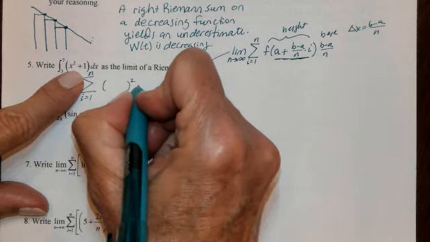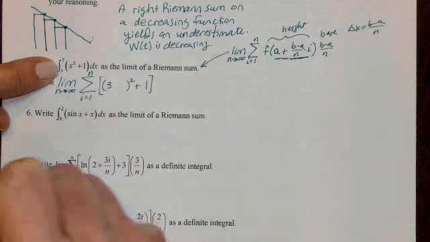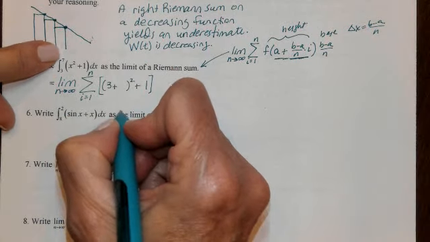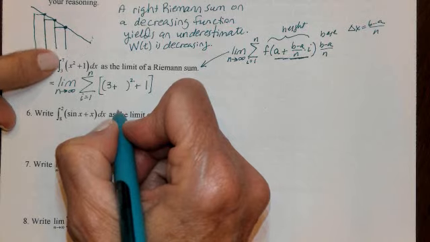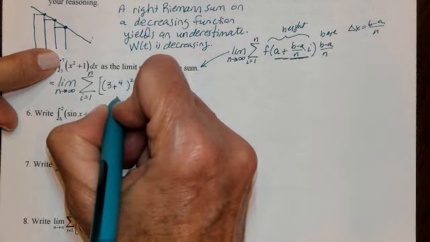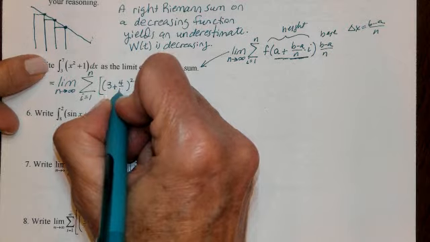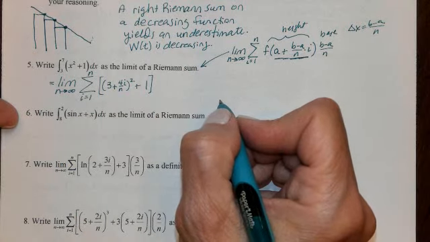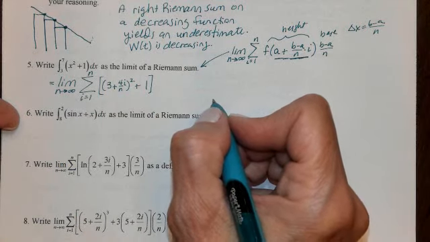So right here, my a, I need to put a 3. That's what a is. What is b minus a? Well, b minus a is 4 over n times i. Right?